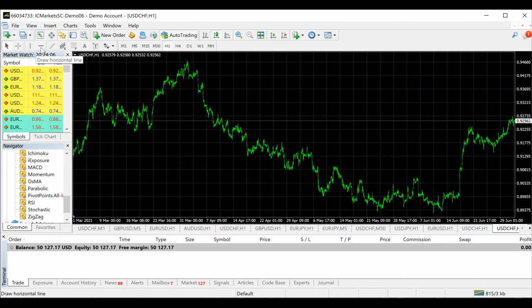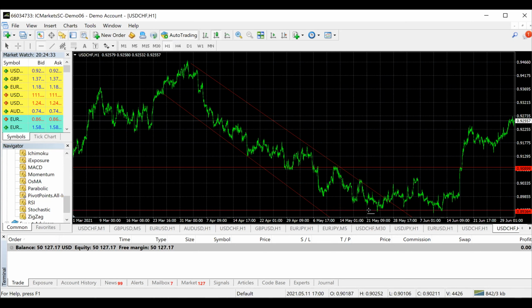But here is a downtrend. Now look at this downtrend here. Then the consolidation started here, and there's a consolidation here before it reversed.